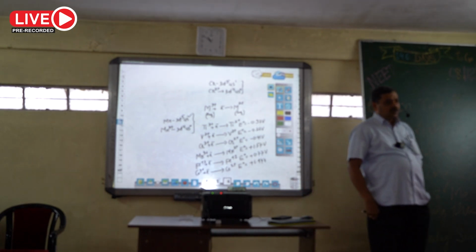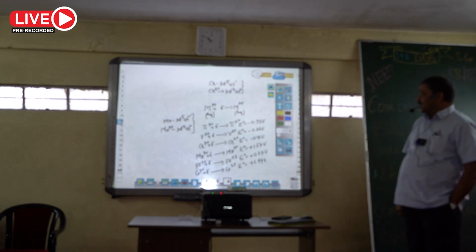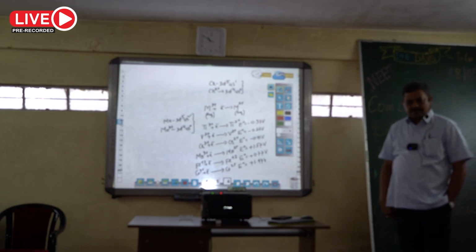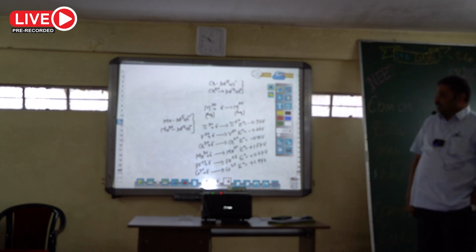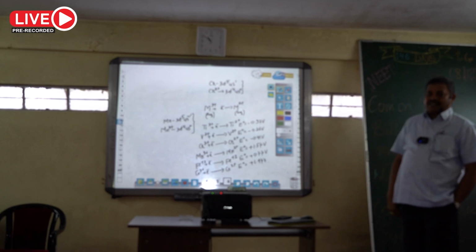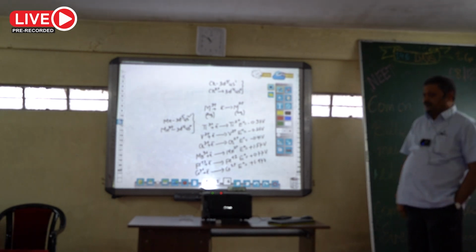A very important question they are asking on this. Both Cr2+ and Mn3+ have the same 3d4 configuration, but one will act as an oxidizing agent, one will act as a reducing agent. This is a very, very important question.